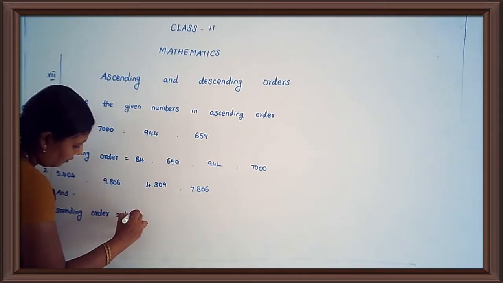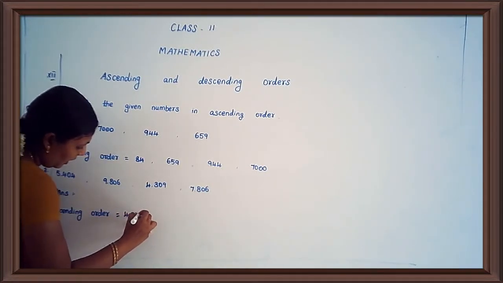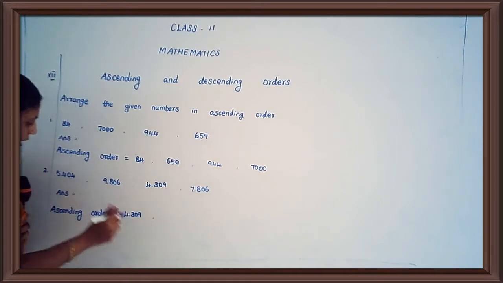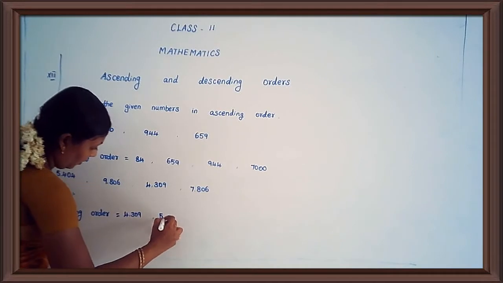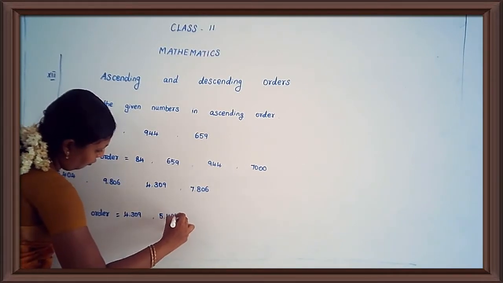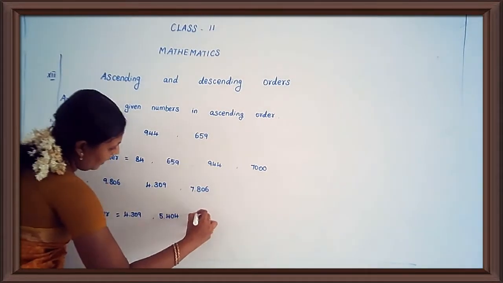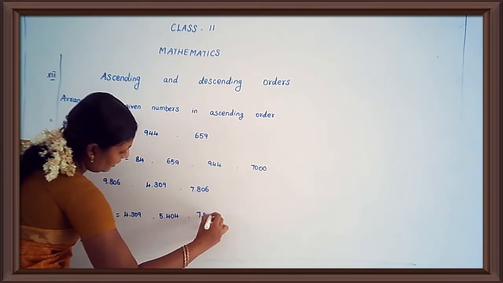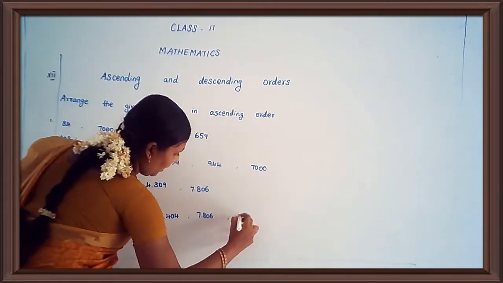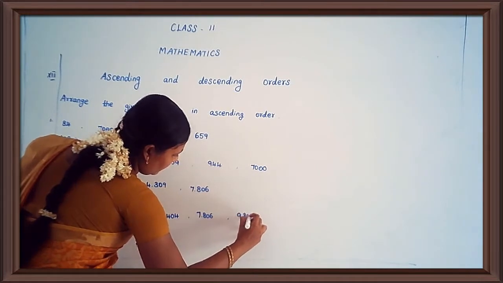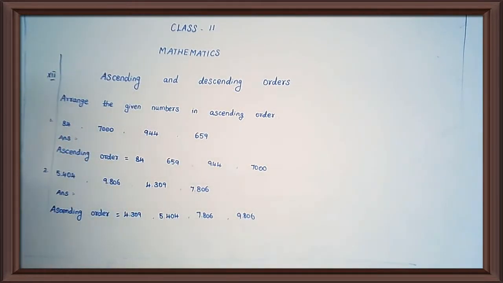So you take and write 4,309. Then 5,000, 5,404. Then remaining 7,806 and another only one, 9,806.